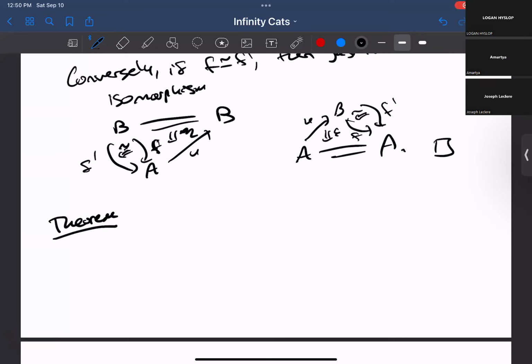Next, we have a theorem. This is the minimal data for an adjunction.